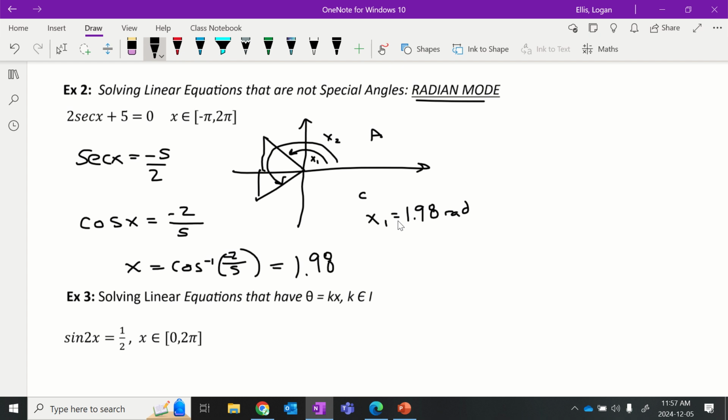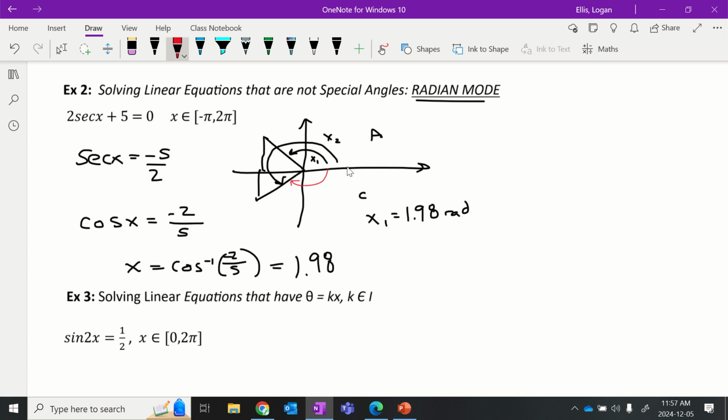Now, one thing I want you to understand here is you need to get this x2. You can do that a couple different ways. You can do pi minus x1, figure out what this little angle in here would be, and then find pi plus that little angle. The other thing you can do is 2 pi minus x1.